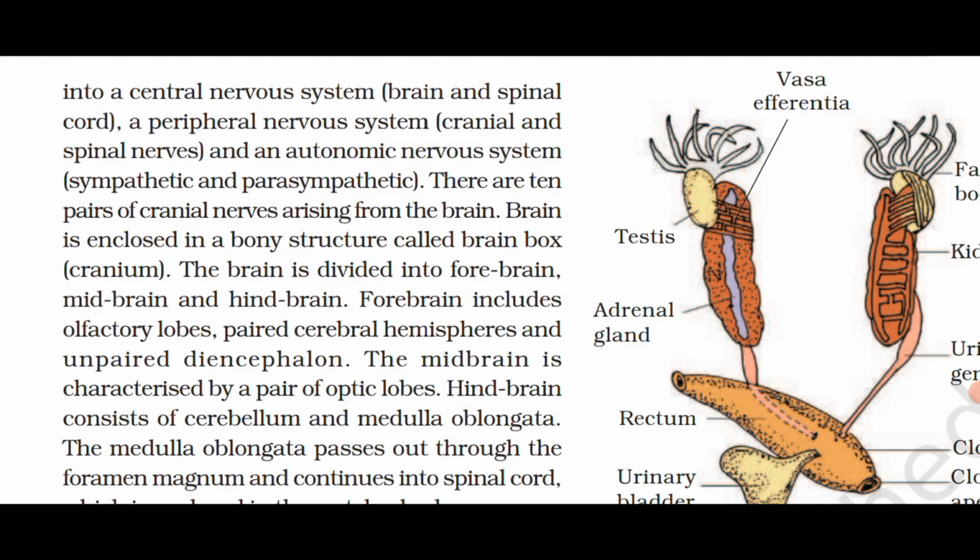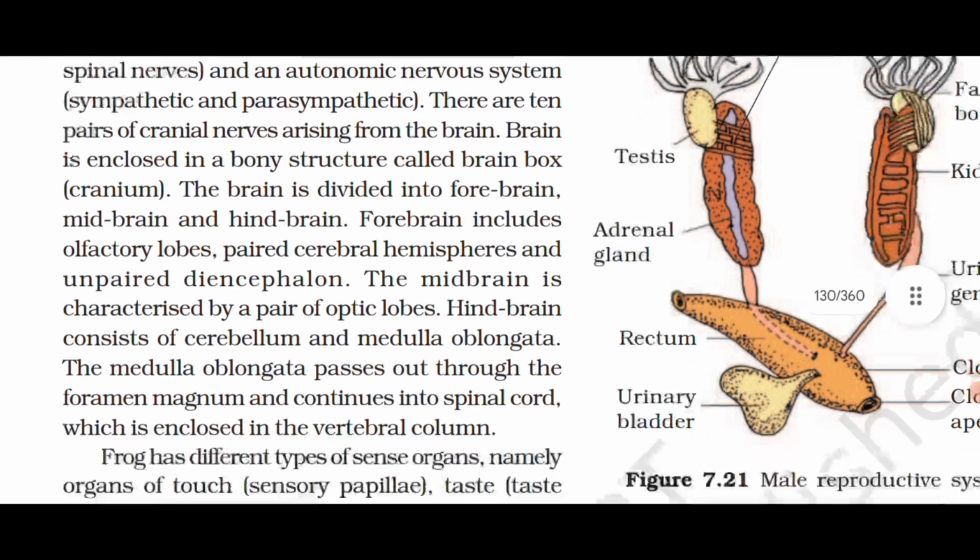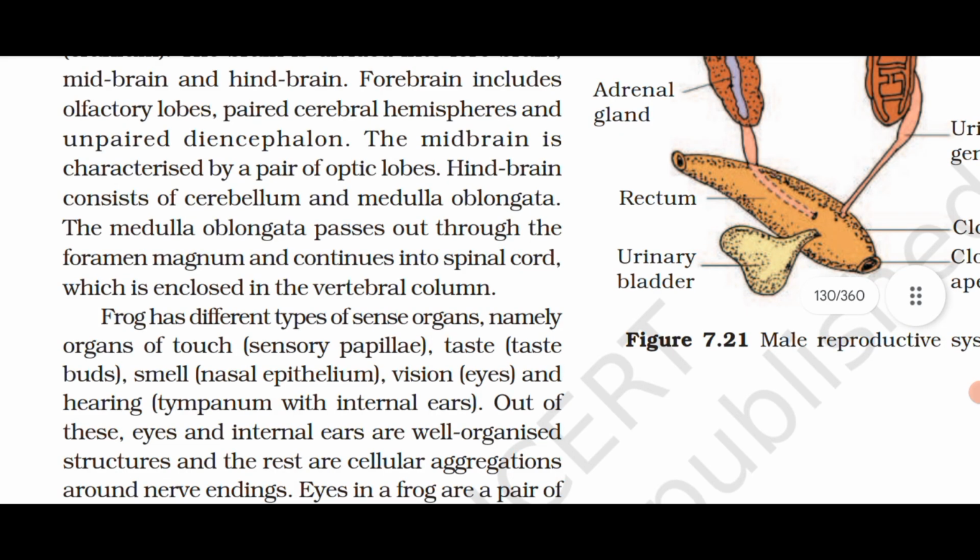The midbrain is characterized by a pair of optic lobes. Hindbrain consists of cerebellum and medulla oblongata. The medulla oblongata passes out through the foramen magnum and continues into the spinal cord, which is enclosed in the vertebral column.